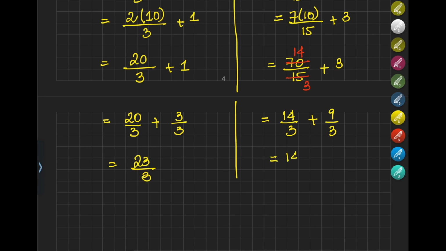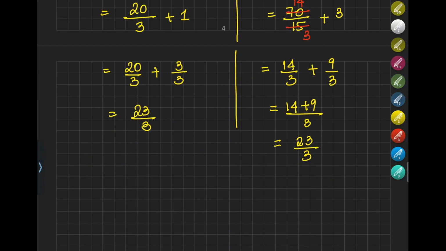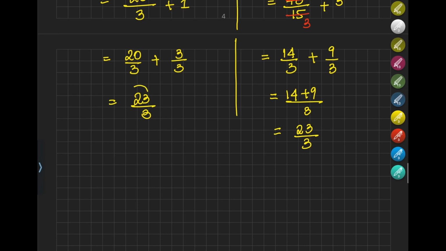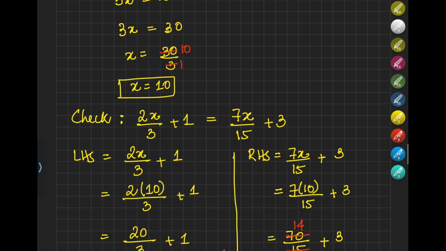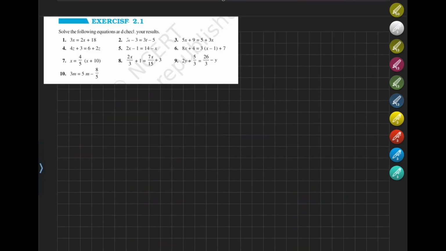So (14 + 9) by 3 is equal to 23 by 3. So we see that in the left hand side we got 23 by 3, and in the right hand side also we got 23 by 3. That means the left hand side is equal to the right hand side, and the value x = 10 has been verified.